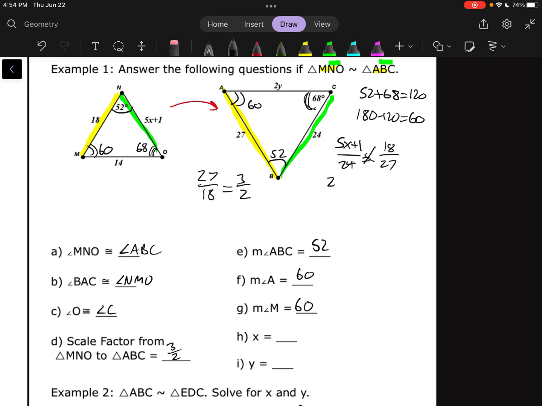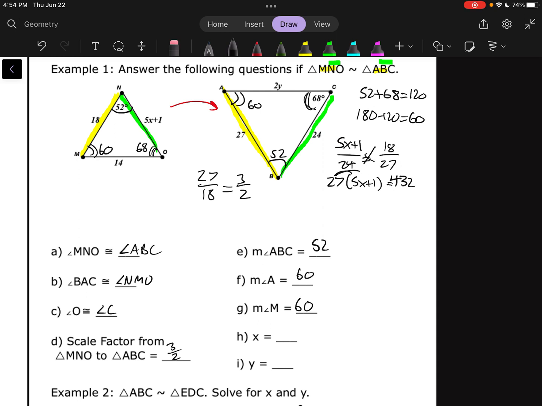When we cross multiply here, we're going to get 27 times 5x plus 1 is equal to 18 times 24, which is 432.